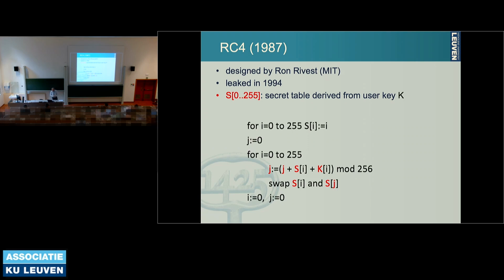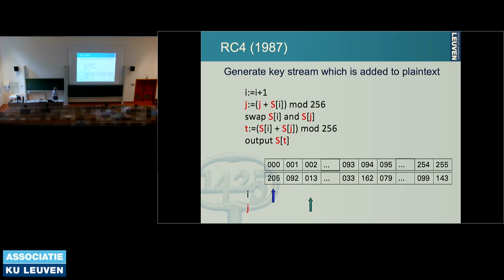I also have a kind of animation for that. Imagine that at some point in time, your I pointer is here, your j pointer is there, and you already have been shuffling a bit. The top row are the addresses, and the bottom row are the values that are currently at these addresses.